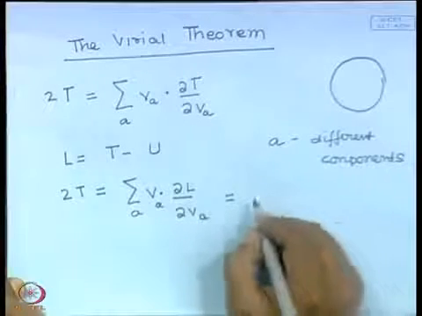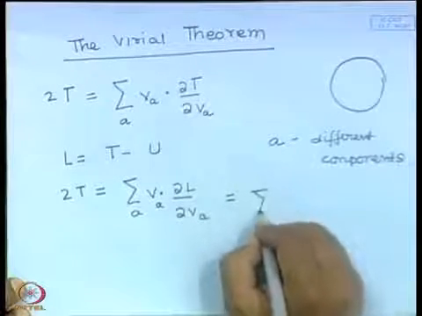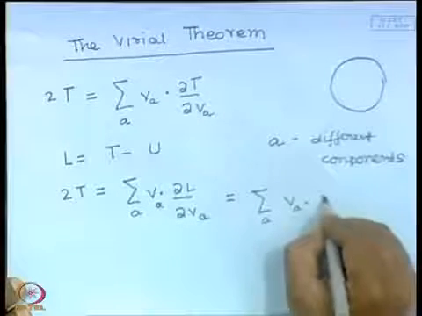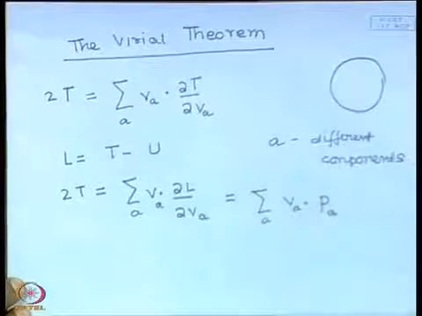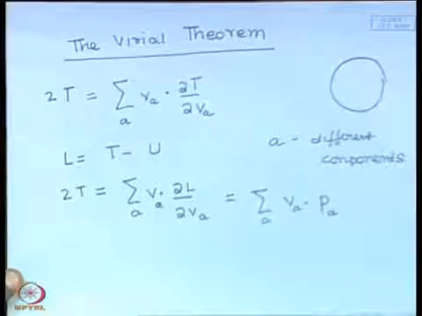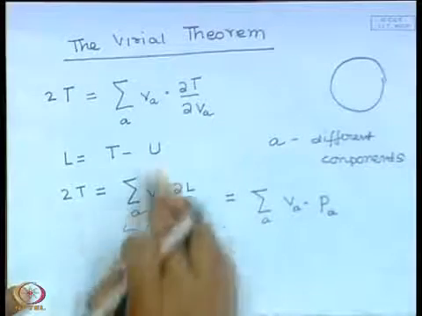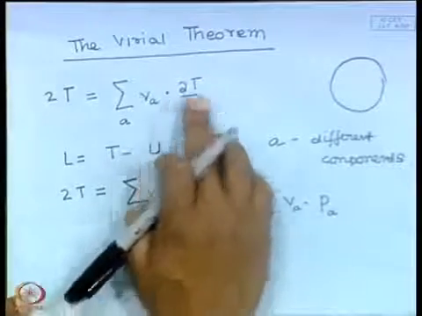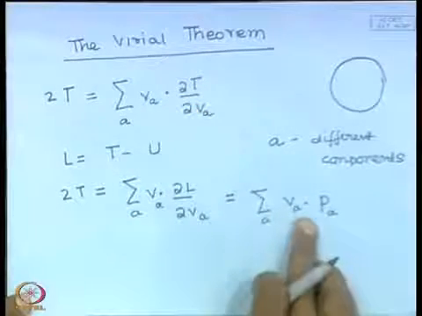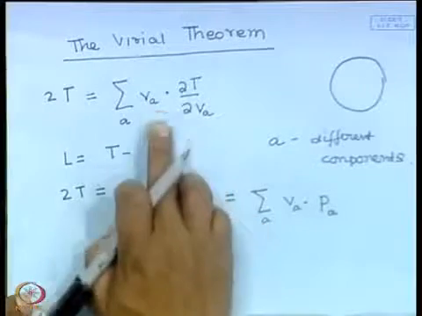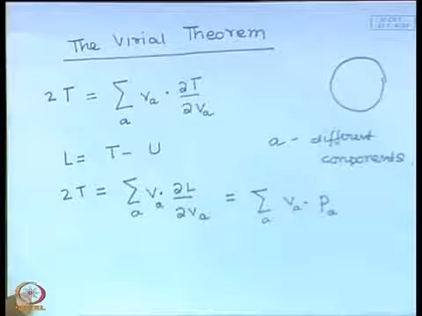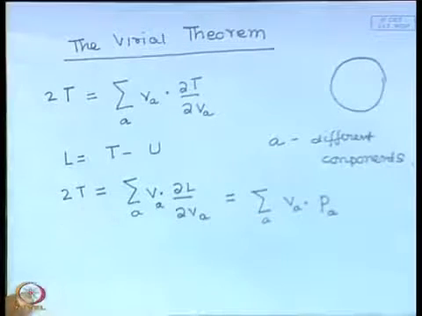This is equal to v_A dot p_A. Those of you who are not very familiar with classical mechanics, this is quite straightforward: if you differentiate the kinetic energy with respect to velocity, you will get m v, which is the momentum. So, this is essentially the velocity times the momentum summed over different components, that is twice the kinetic energy.